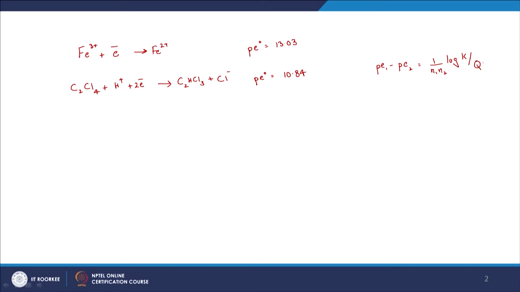We also looked at a particular figure where we tried to understand that for pE1 and pE2 to approach each other, or for the system to reach equilibrium, when pE1 is greater than pE2, pE1 needs to go through as reduction and pE2 needs to go through as oxidation.